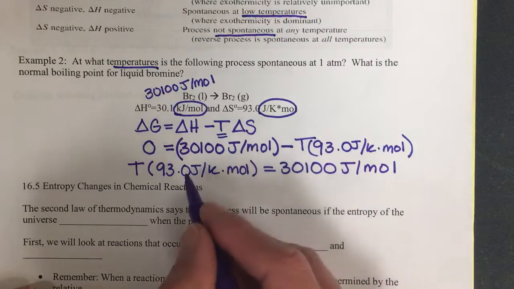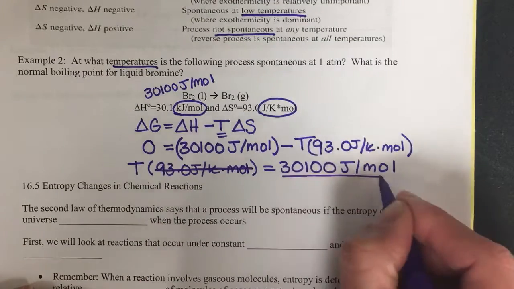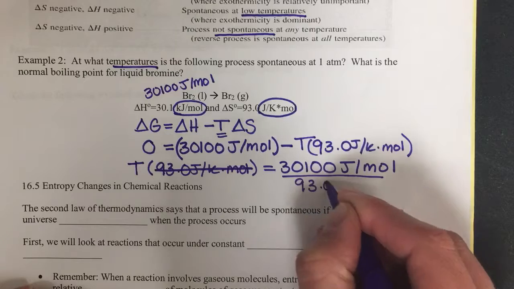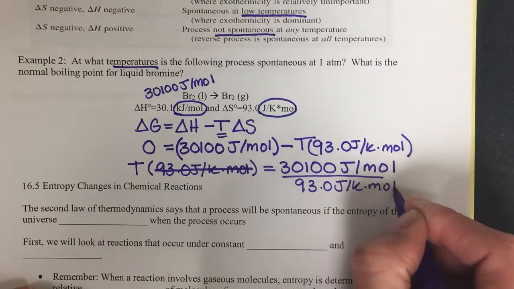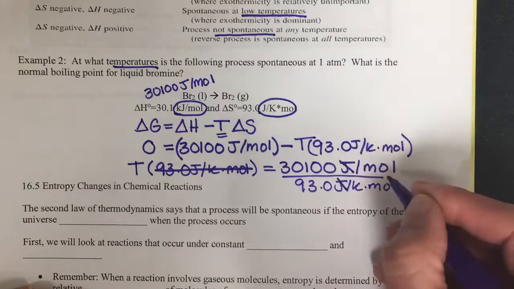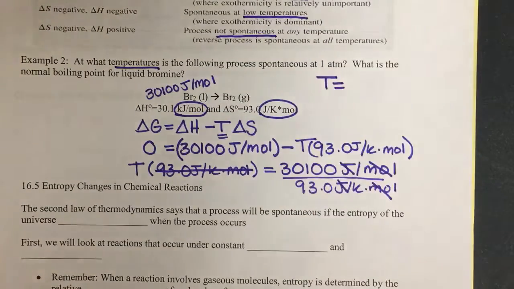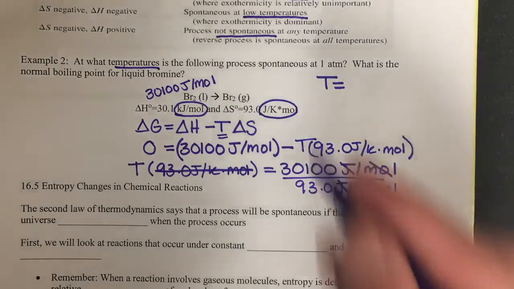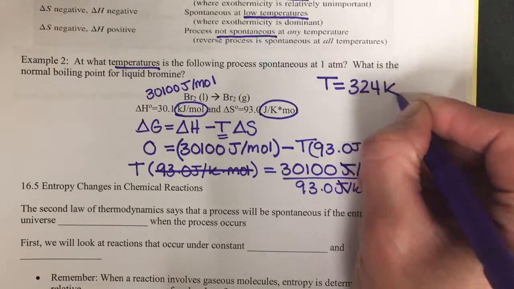I want to get T by itself, so I'm going to divide both sides by 93.0. My joules will cancel out, my moles will cancel out. When I plug this into my calculator, I get that my T is equal to 324 Kelvin.